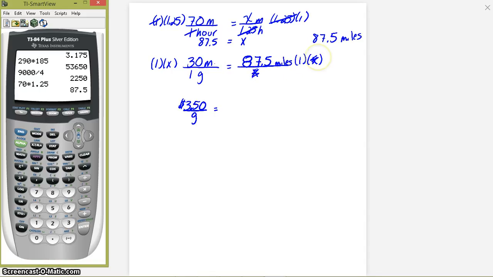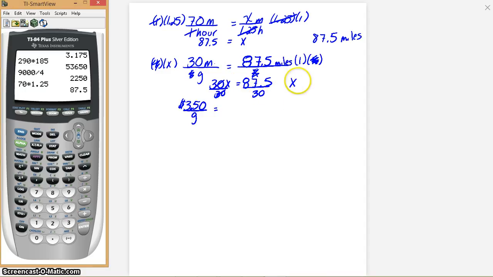X's cancel here. 1's cancel. We get 30x equals 1 times 87.5, which is just 87.5. Divide by 30.